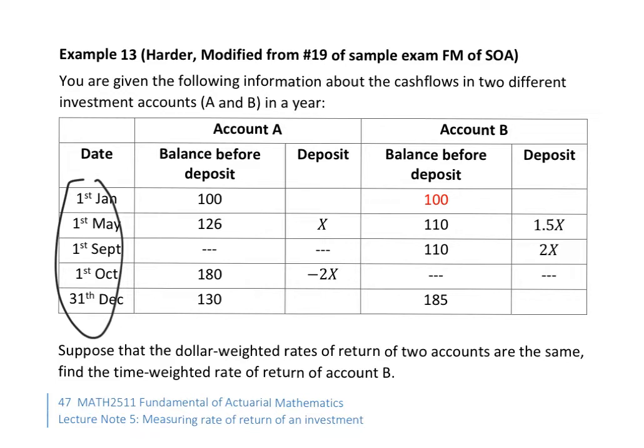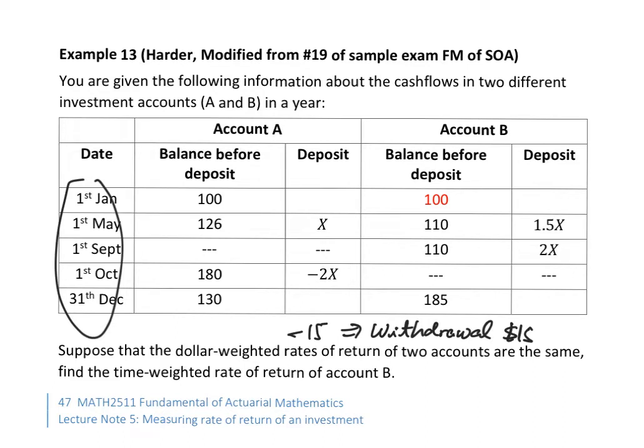I will also give you the amount of the deposit. If this amount is positive, then that will be the ordinary deposit. But if this deposit is a negative number, let's say minus 15, then that will be equivalent to a withdrawal of the amount $15.